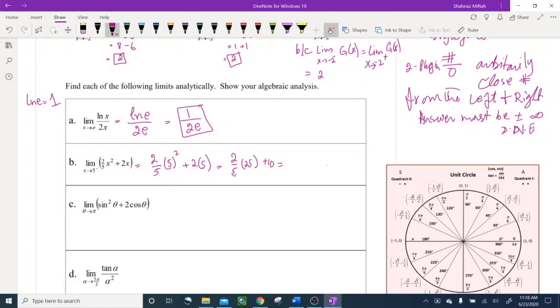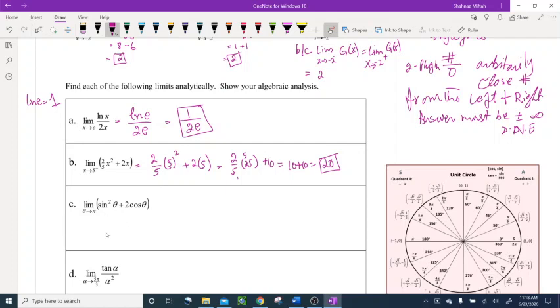Now when I solve this, I know I can simplify these two. So that will be 5 times 1, 5 times 5, 25. 5 times 2 is 10. 10 plus 10 is going to give me 20. So the limit x approaches 5 from the left is 20.